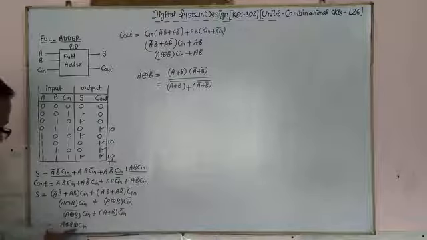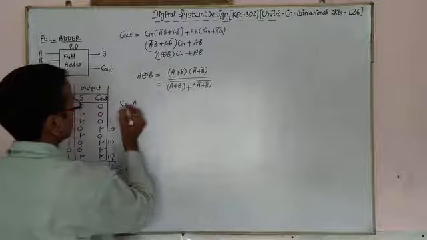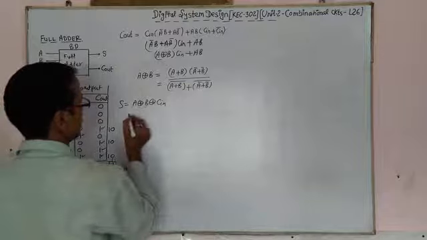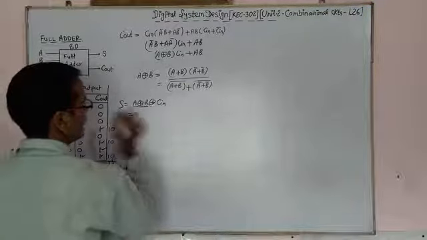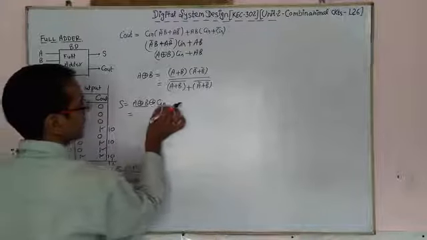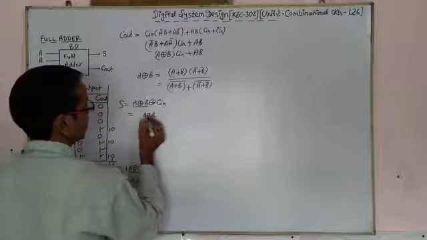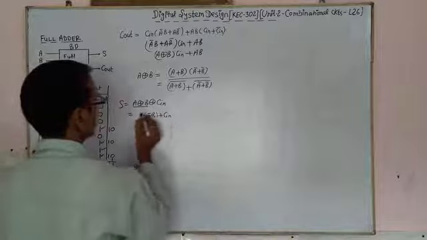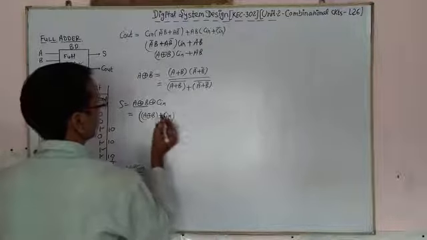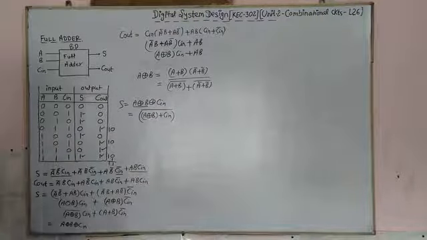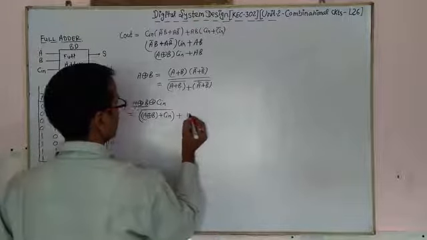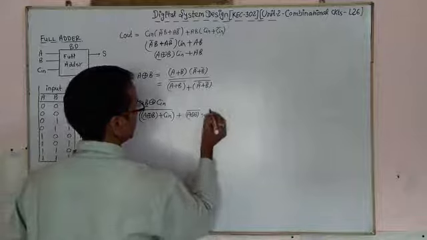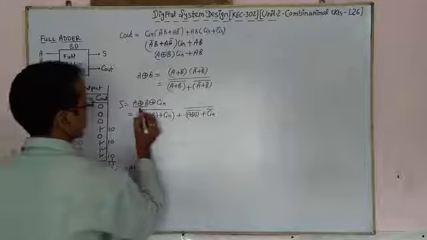Now if you want to implement XOR with C in as well, then this is A XOR B XOR C in. Using this approach, suppose this is now A and this is B, so this plus this, so A XOR B plus C in, and this is the bar. Plus A XOR B bar, A bar plus B bar, C in bar, and this is whole bar, and for the complete whole bar.